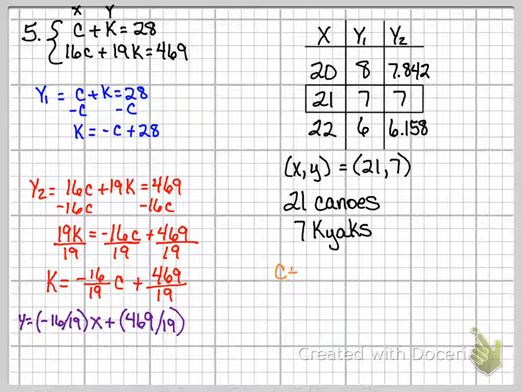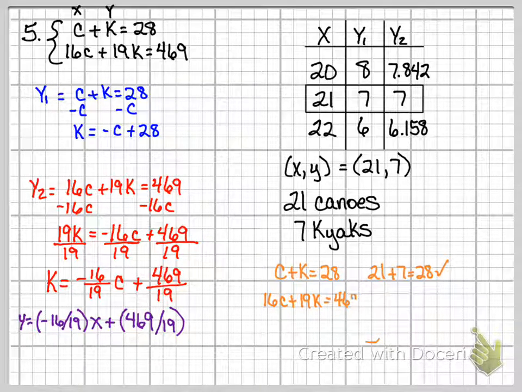Okay, so canoes plus kayaks is 28. So 21 plus 7 is 28. That checks out. And then we have 16 times canoes plus 19 times kayaks is 469.